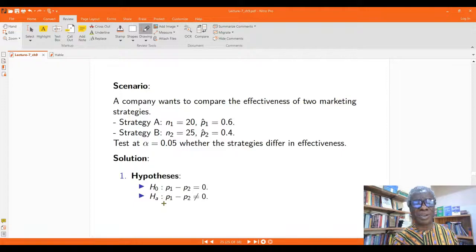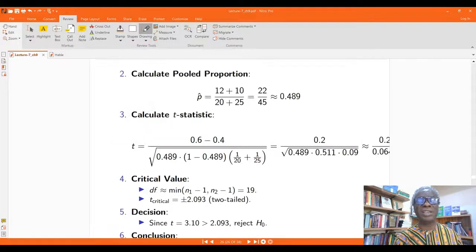So the null hypothesis is saying there is no difference between the effectiveness of the two marketing strategies. The alternative hypothesis HA is saying there is a difference in the effectiveness of the two marketing strategies.